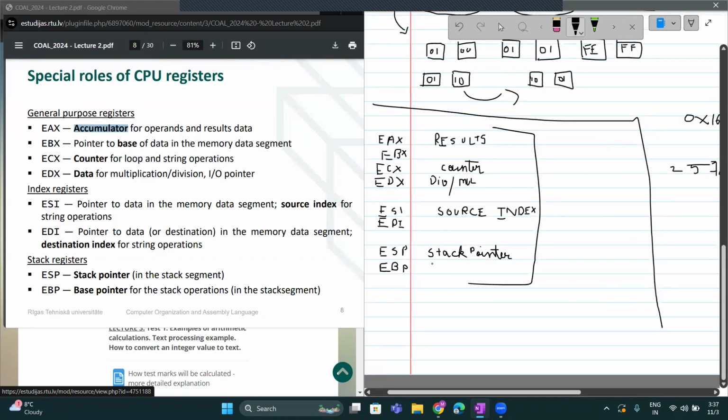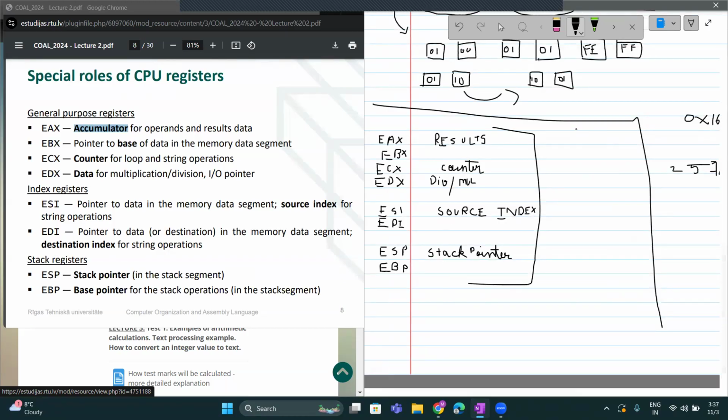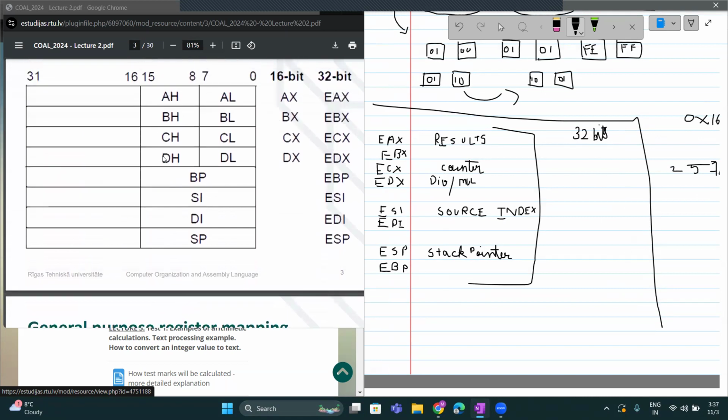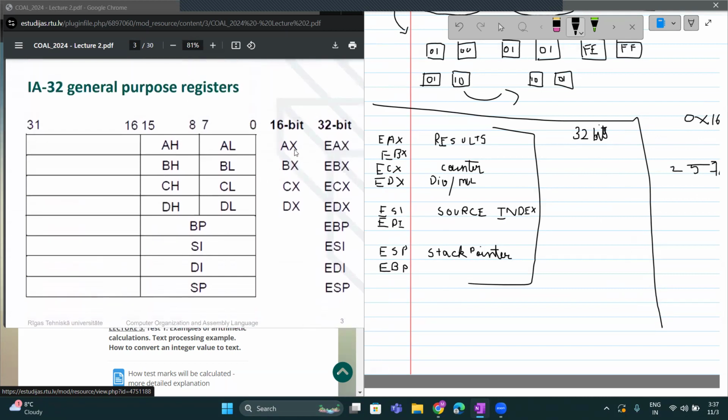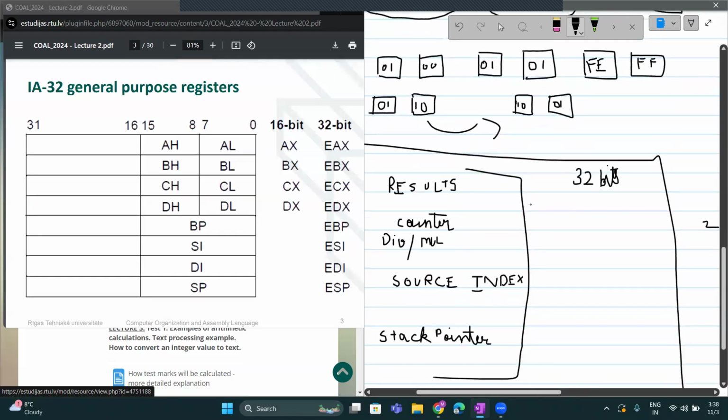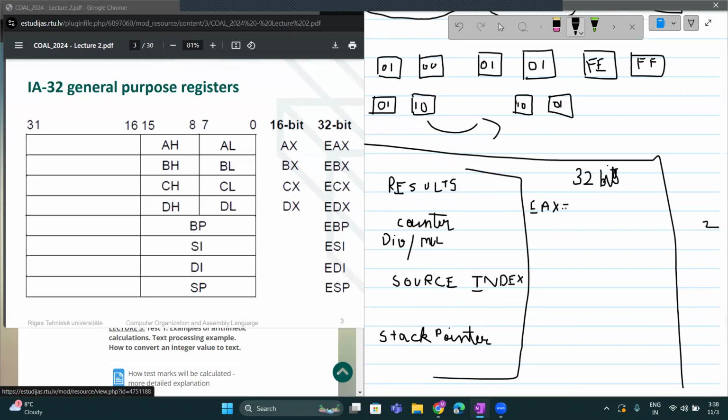So these are the types of registers, and each register is 32 bits. The full register is 32 bits, and each register can be looked at as smaller parts. So, for example, if this is the full EAX, then this is AX.